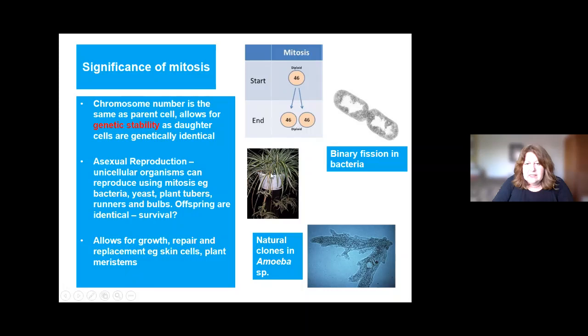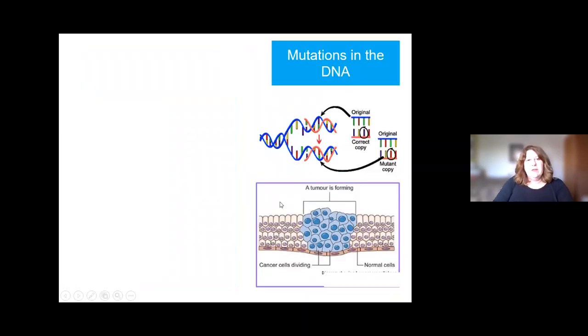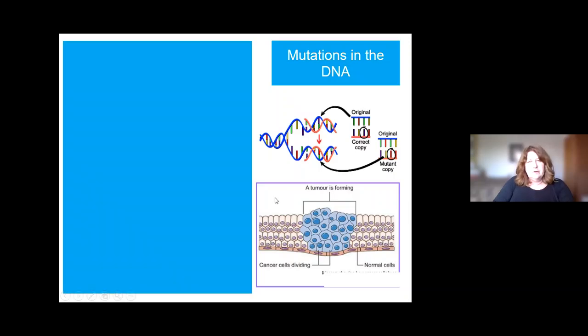Cells will run down through these tubes coming off the parent plant that you might be able to see there, and then they'll start growing by mitosis and produce genetically identical clone plants. But of course, they're close to the parent plant, which is not such a good idea for survival. And you've got no genetic variation, which again can potentially impact survival. So that is one significance of mitosis.